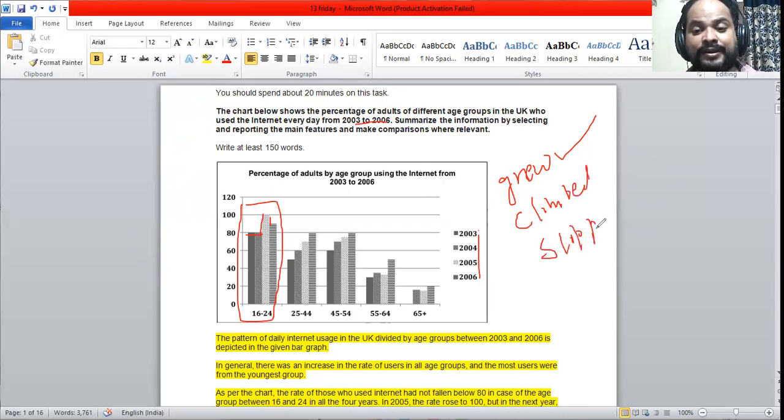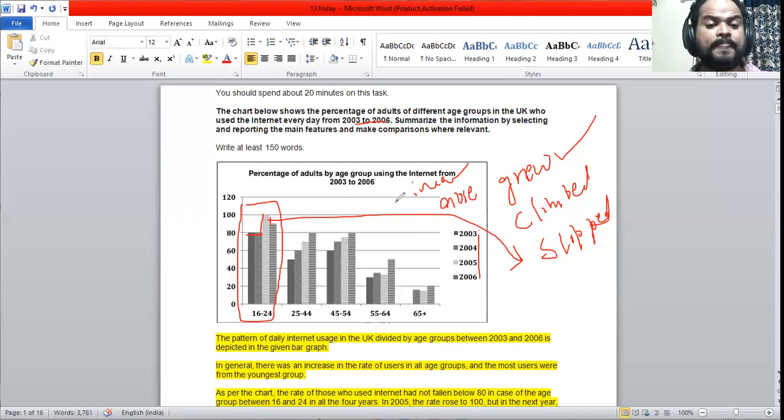Slip means going down, so here I can say it slipped by 10%. Then I can say increased, I can say rose. All this vocabulary we can use in this segment, because it is a movement chart.